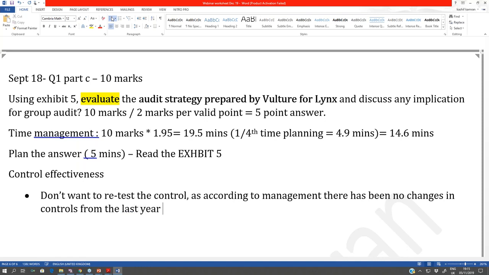So that's one important statement, right? That is a wrong statement coming from Vulture, and this is something where we need to gain marks when we write in the answer.